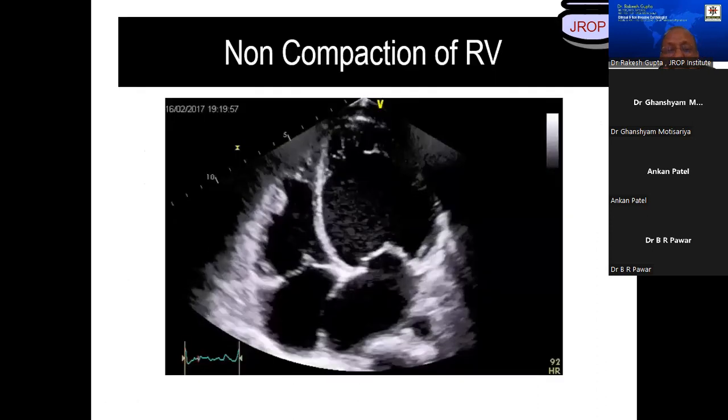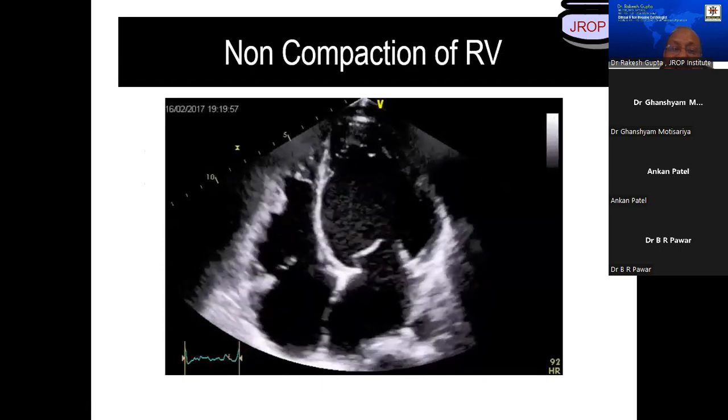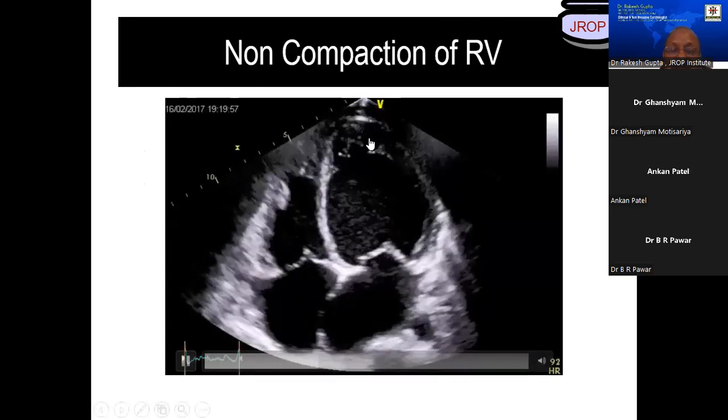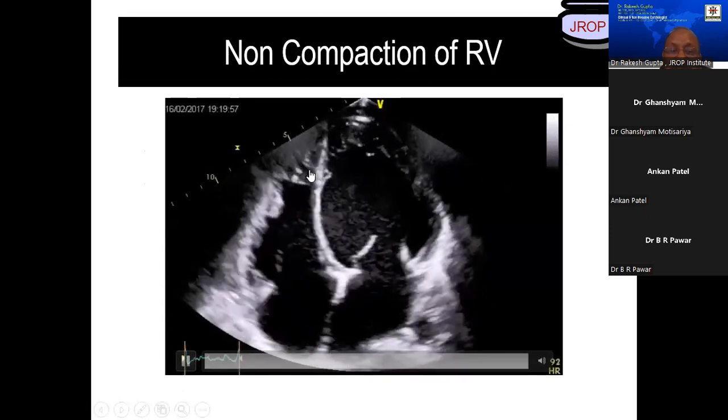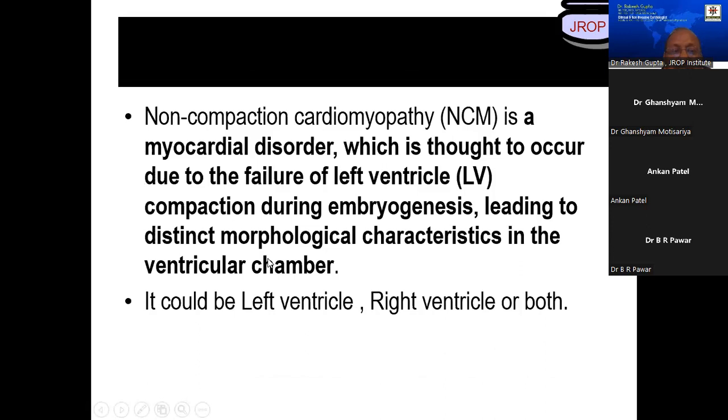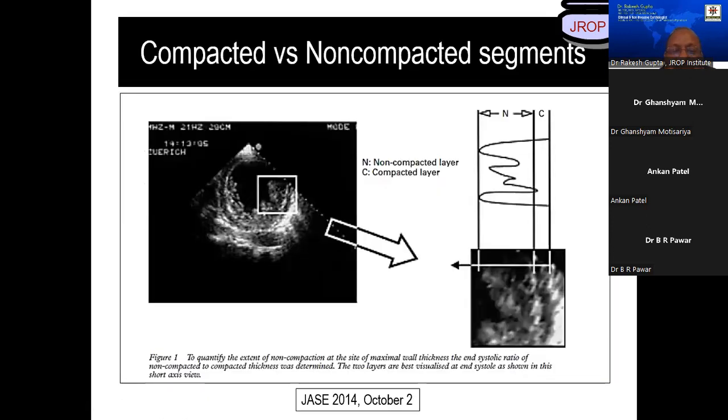Non-compaction of the RV is a very rare thing. It can happen with the LV or as isolated RV. Look at this, the non-compaction which I showed you earlier, and here is a non-compaction of the RV itself. So not only is the LV function down, but the RV function is also down in this subset of populations. It is a myocardial disorder, and as I said previously, we look at the compacted versus non-compacted segment.